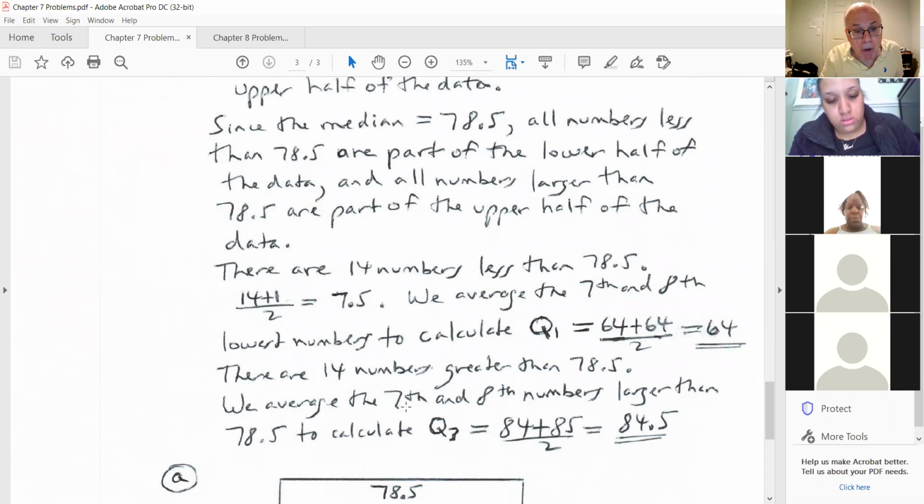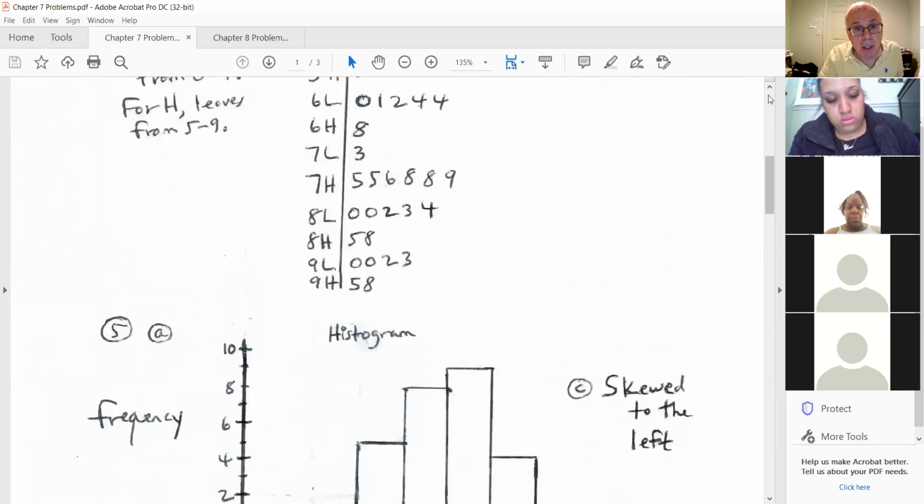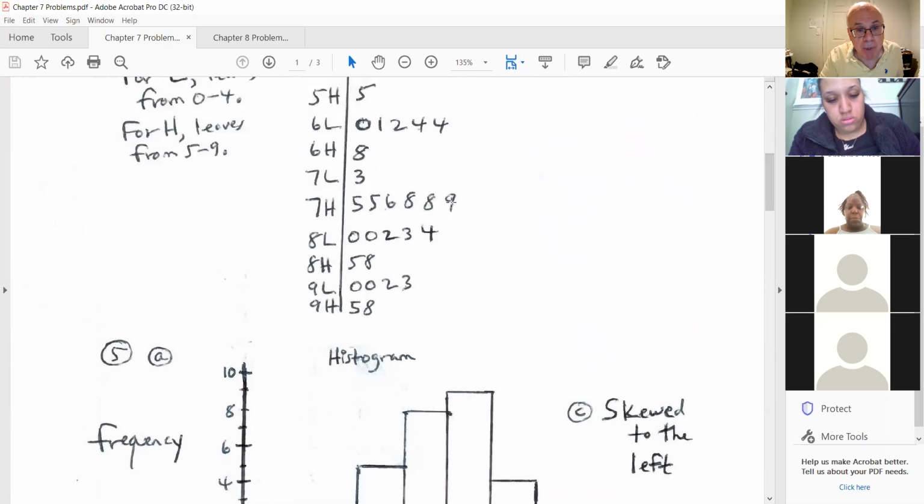In a similar way, we're going to average the 7th and 8th numbers in the second 14 numbers that are bigger than 78.5. So let's go back to the data set. 78.5 is between these two numbers here. The first number that's bigger than 78.5 is 79.